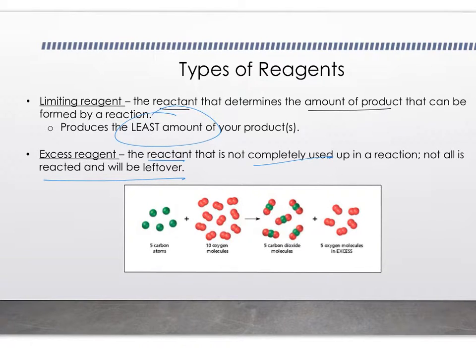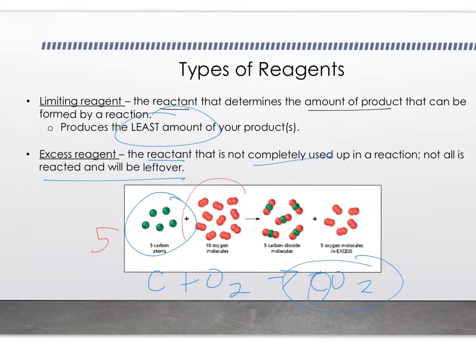For example, if you look at the reaction down here, we're going to combine carbon plus molecular oxygen to produce CO2. Well, in a carbon dioxide molecule, you always have to have one carbon. So your 5 carbon atoms could potentially only produce 5 carbon dioxides because each one needs a carbon. But then you have 10 oxygen molecules.